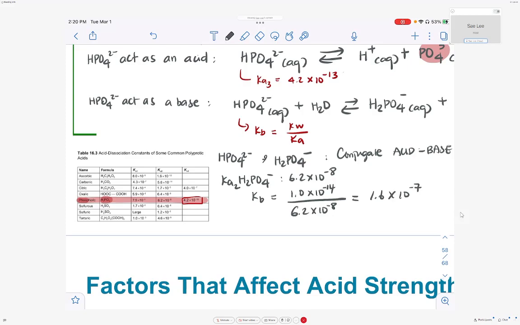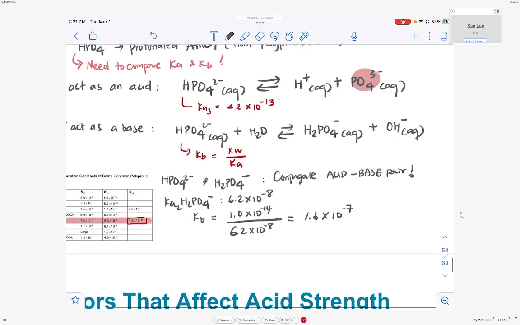So now we have the Ka value and Kb value. Which one is larger? One is 10 to the power of negative 13. One is 10 raised to the power of negative 7. Definitely this is larger.